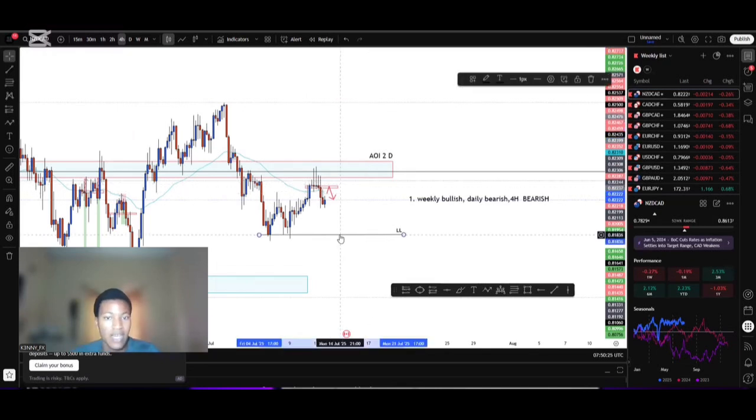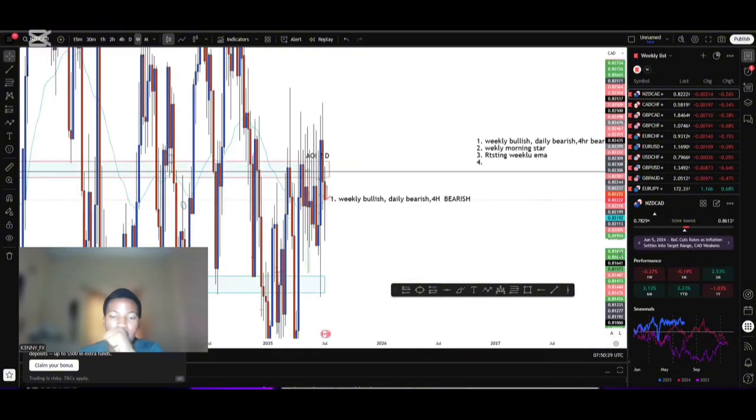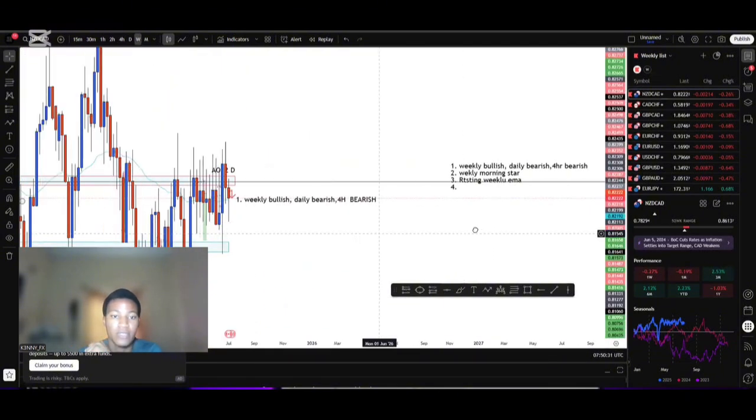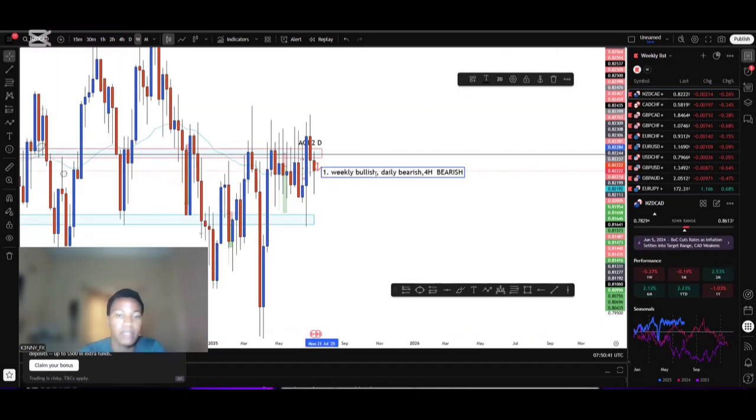So you see now, I've gathered the things I want. Let me type it up so you guys can see what I mean. If you go back to the weekly, we will see weekly bullish, daily bearish, 4 hour bearish. Come down, we'll see weekly evening star formation.